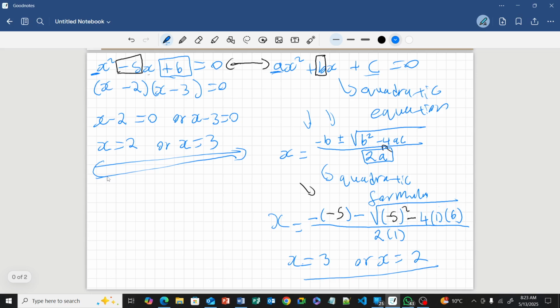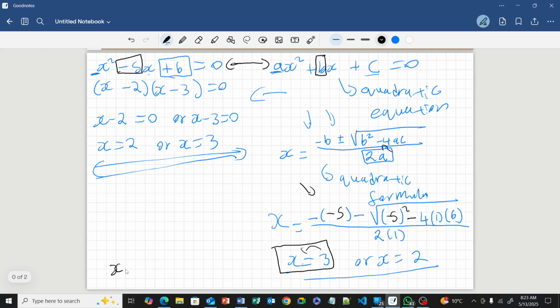Now let me show you a trick. You can reverse engineer this method using the quadratic formula. So what you can do here, you can simply take 3 to the other side.